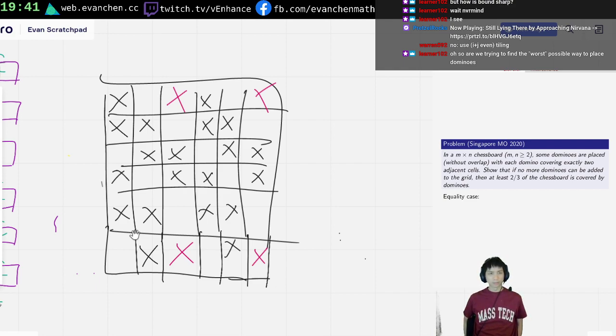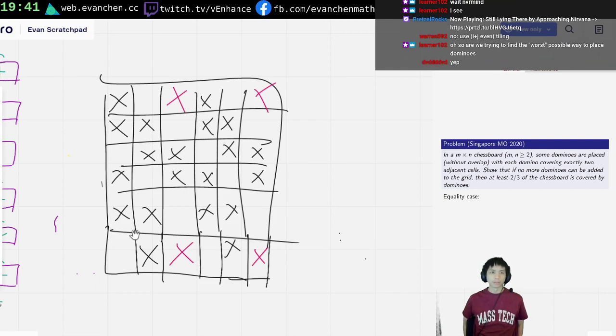Yeah, so this is the worst one, but I'm not even sure the fact that it's a domino thing matters. It might just be the case that anytime I have a set of at least 1/3 of the squares of an n by n grid, then there are 2 adjacent ones.